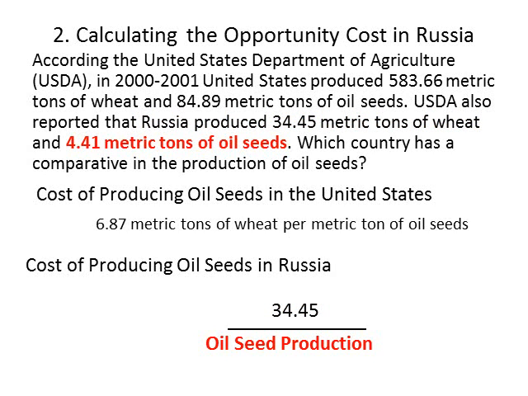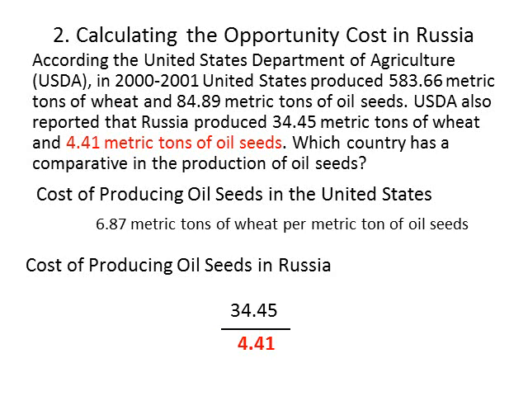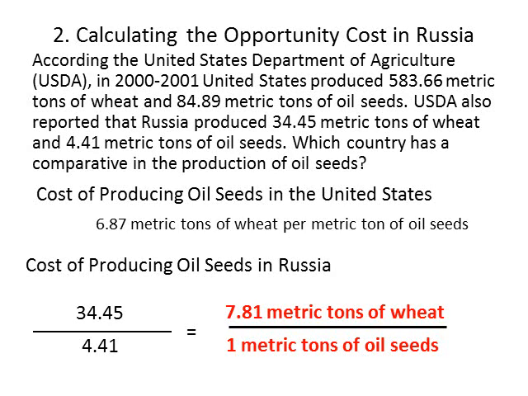Russia produced 4.41 metric tons of oilseeds, so we will substitute in 4.41 metric tons of oilseeds into the formula. Next, we're going to divide 34.45 by 4.41, and that's going to give us 7.81 metric tons of wheat per metric ton of oilseed.